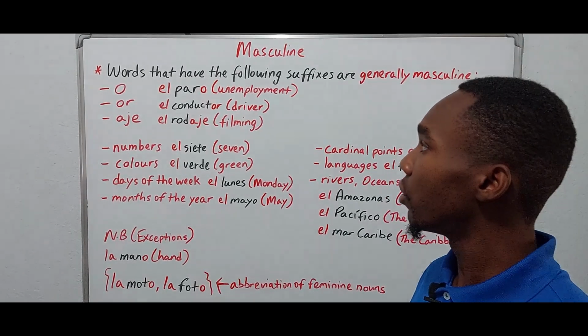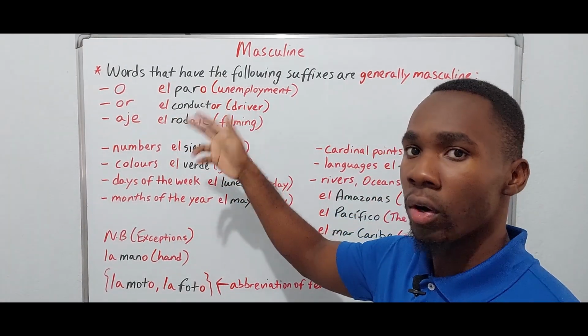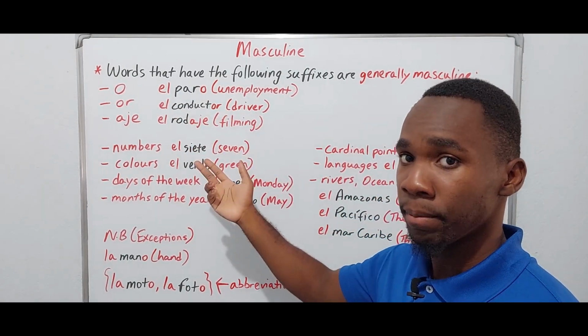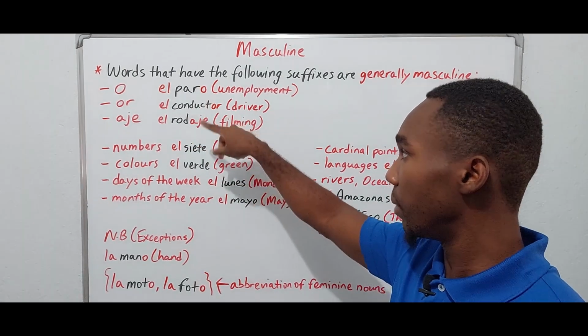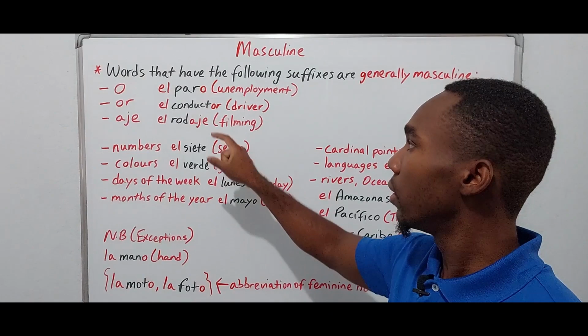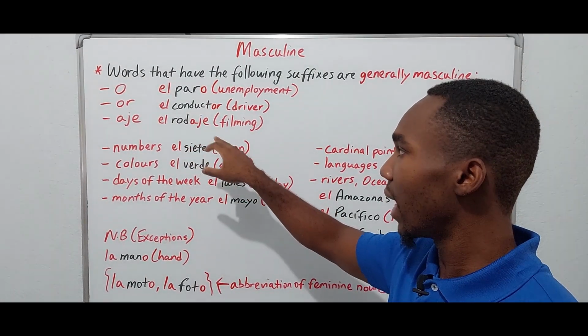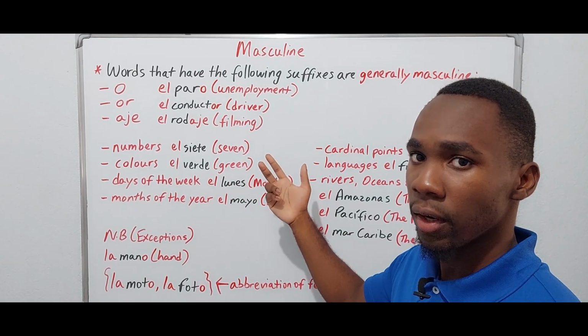So masculine words typically will end in the following suffixes: o, or, or aje, right? As you see from the examples here: el paro, unemployment; el conductor, driver; and el rodaje, filming, right?